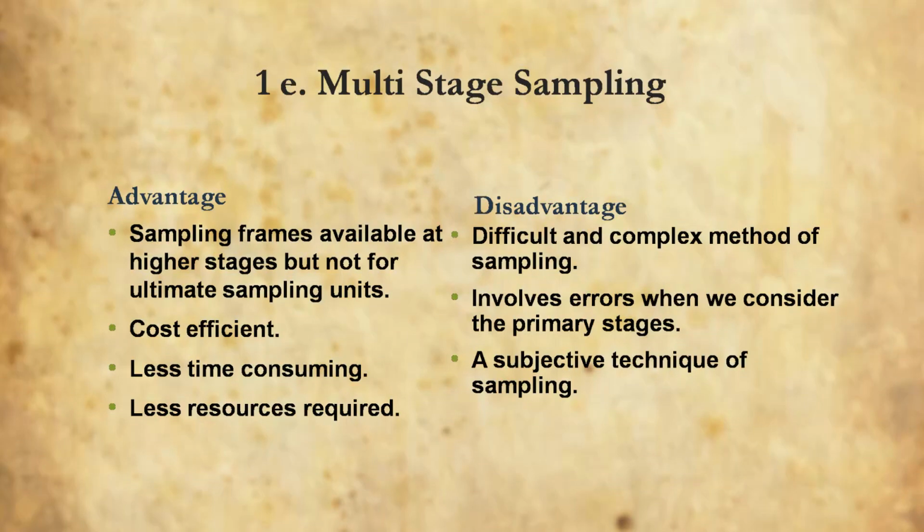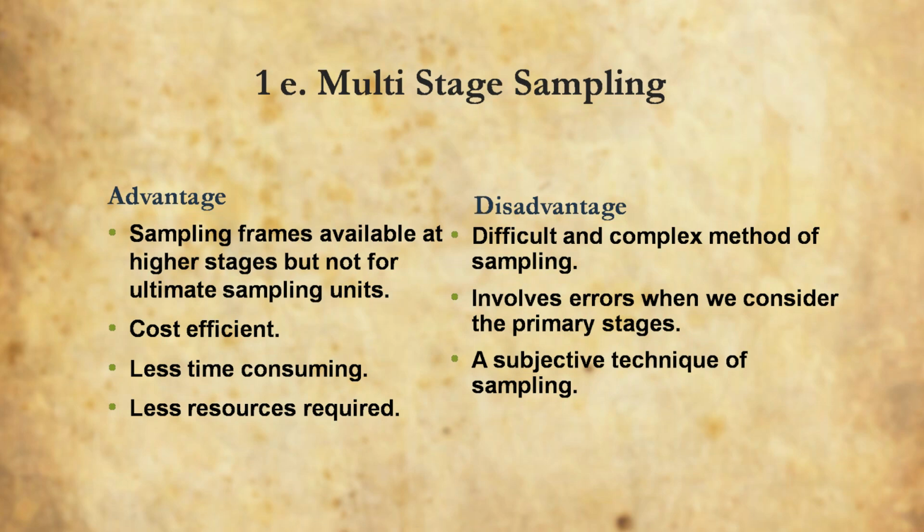Multi-stage sampling has its advantages, where the sampling frames are available at higher stages but not for the ultimate sampling units. There is a cost-efficient concept in multi-stage sampling; it is less time consuming and fewer resources are used.